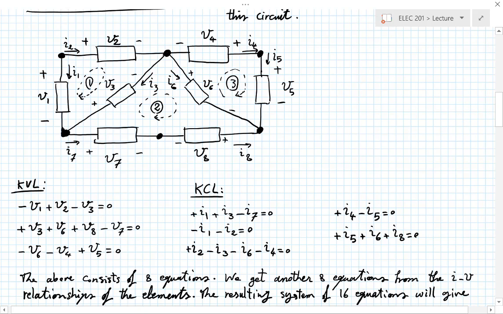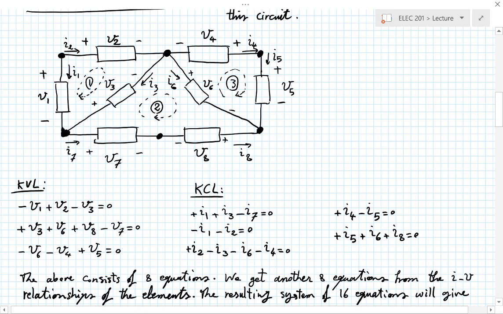Yeah. So you're asking how many KCLs and KVLs am I going to have so that I know if I have written them all or not, right? Now, I'm going to give you an answer, but a better answer, I think, is with experience. And that comes with practice and time. But here's one way to think about it. If you look at the circuit, all nodes but one. So you might say the case of KCLs is a little simpler, right? Because all nodes but one will give me an independent KCL equation.